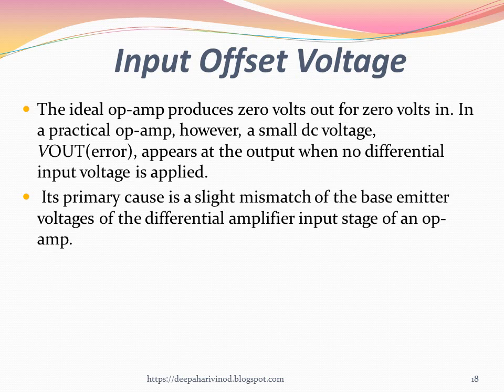Its primary cause is a slight mismatch of base emitter voltages of the differential amplifier at the input stage of the op-amp. Because of that, a small voltage appears, that is the input offset voltage.